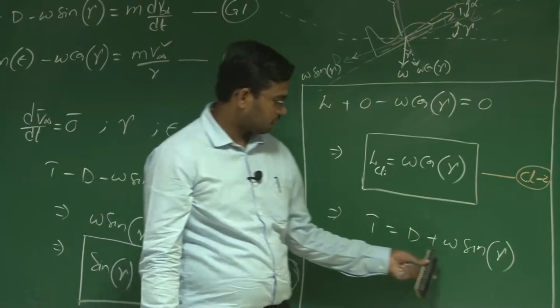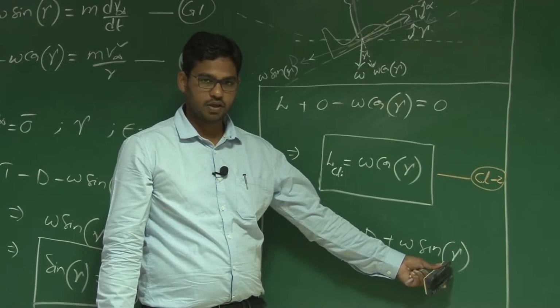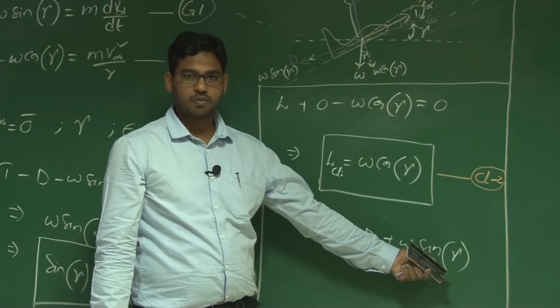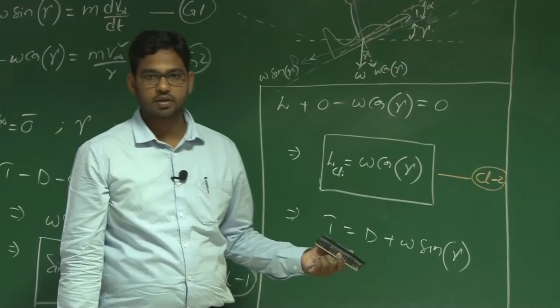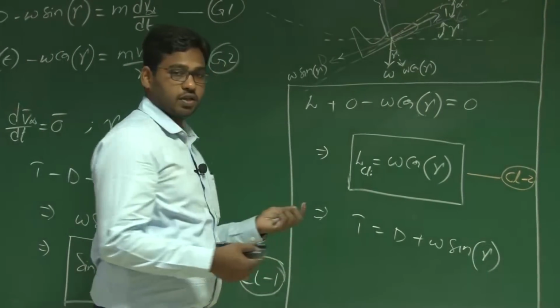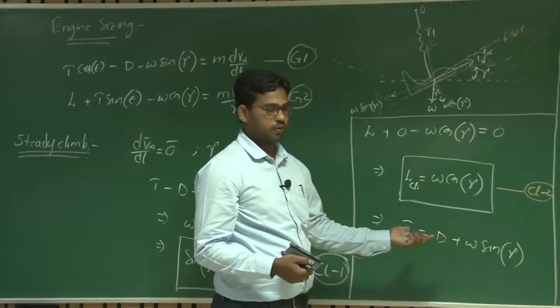This additional component will be 0 when gamma is equal to 0, right? When sin gamma is 0, that means gamma 0 flight, which is a level flight. So we already have a steady condition here; climb becomes a steady level flight in this case.